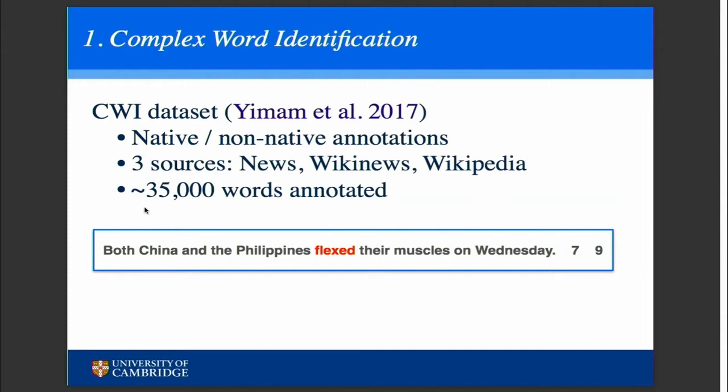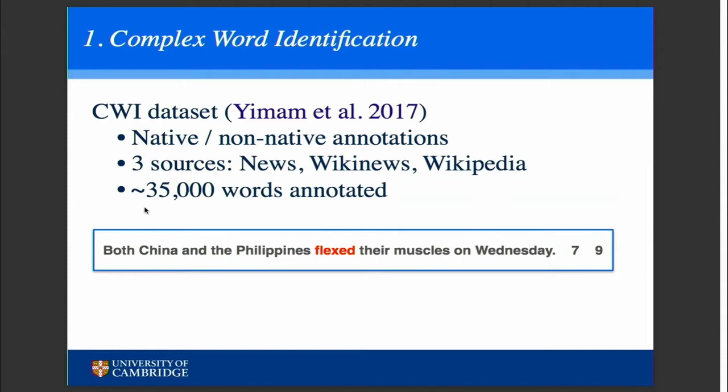And they were presented with sentences from three different sources, so News, Wikinews, and Wikipedia sentences. And when they were presented with these sentences, they were asked to highlight which words within this sentence do you think that a learner of English would find difficult to understand. And this also included particular phrases as well. And around 35,000 words were annotated in total.